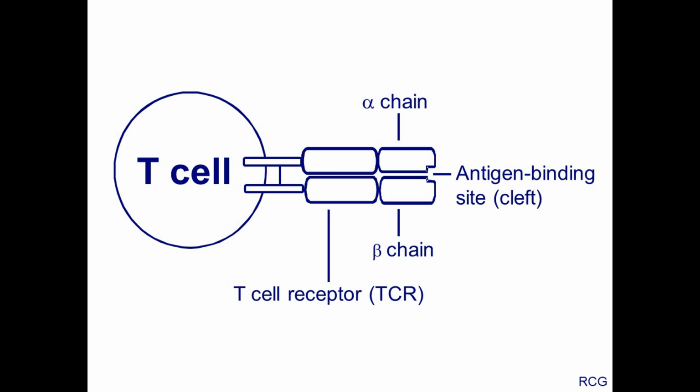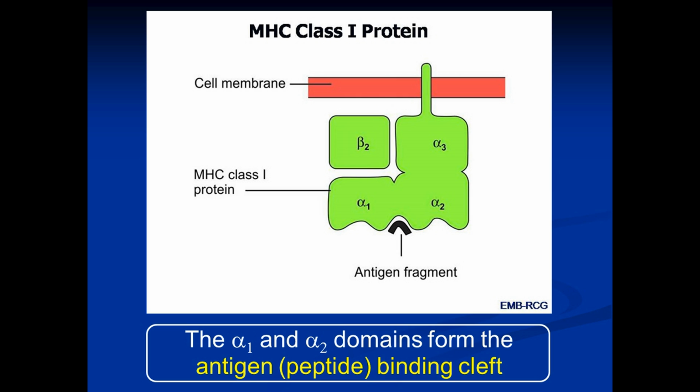These MHC proteins are of two types, MHC1 protein and MHC2 protein. MHC1 proteins are present on the surface of every cell. These are transmembrane proteins which are made up of an alpha subunit and a beta subunit.